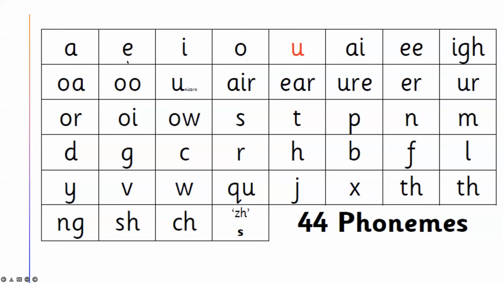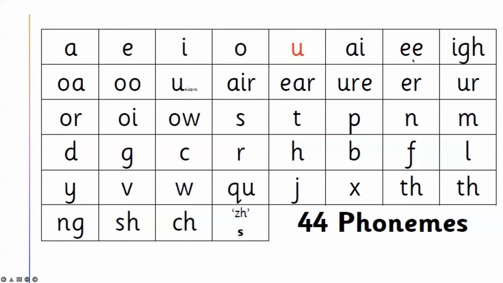A, I, O. Now, the reason this one is red is because accent does heavily impact on the pronunciation of this phoneme. So some people might pronounce it more like an A and some people might pronounce it more as an O. So it really is quite a different one for accents, and something to bear in mind.